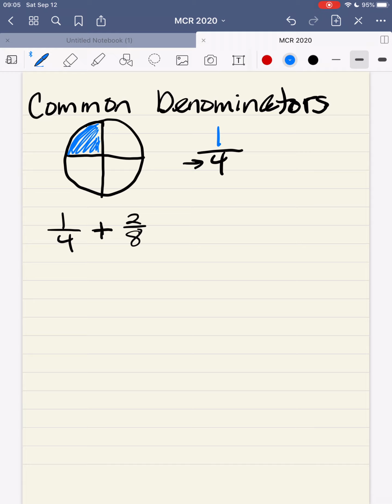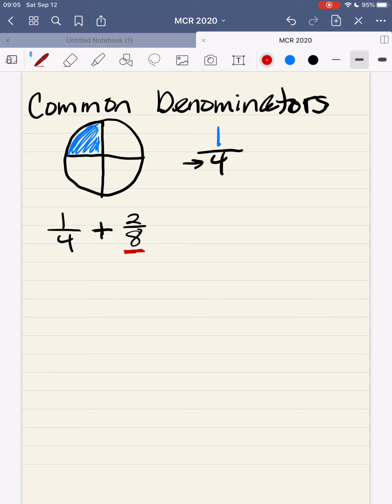Right? And the whole idea of creating common denominators is basically we want to change the denominator to represent the other denominator that's with it. So our denominator will always be our largest number in our problem or bigger. Okay? So in this case of 1/4 plus 2 over 8, 8 is my largest denominator.